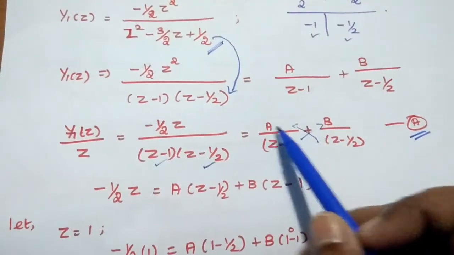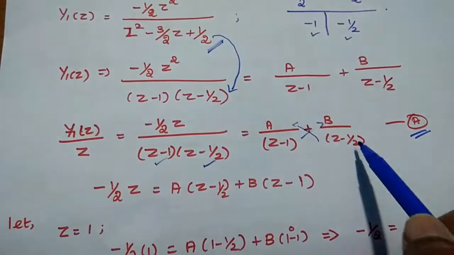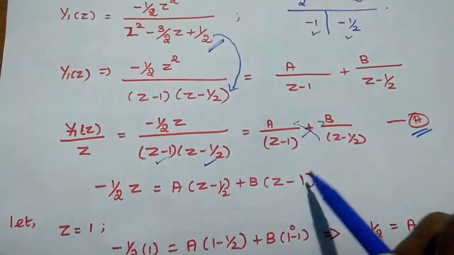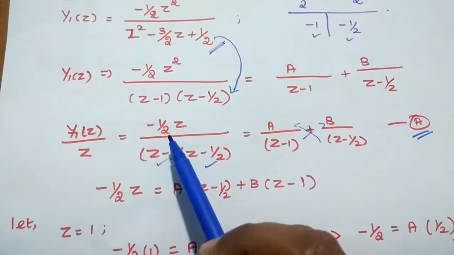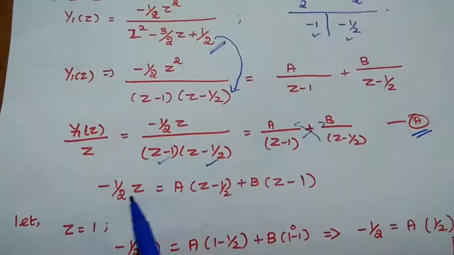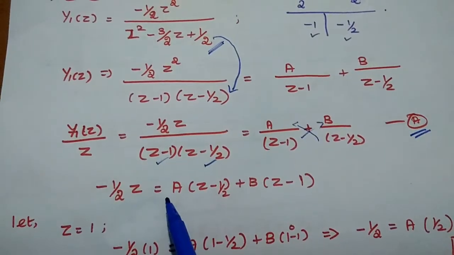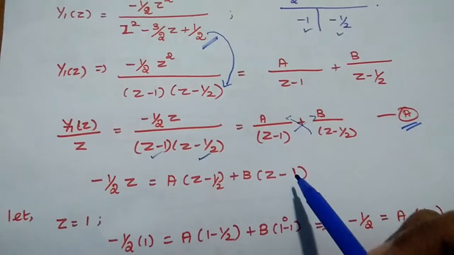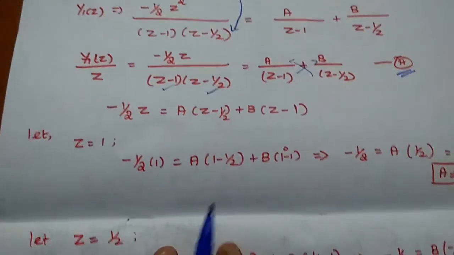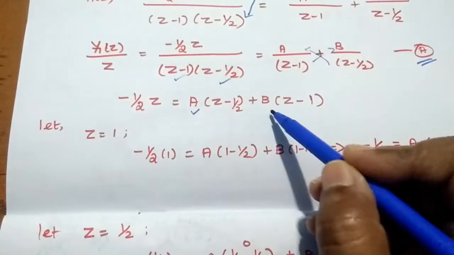A is multiplied by z minus 1 by 2, b is multiplied with z minus 1. That numerator value is equal to the numerator value on the left hand side. So minus 1 by 2 z is equal to a into z minus 1 by 2 plus b into z minus 1. From this expression we are going to obtain the values of a and b.